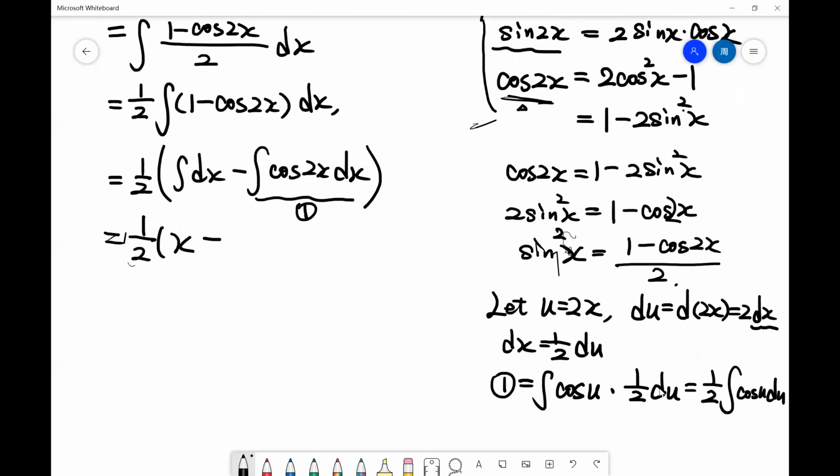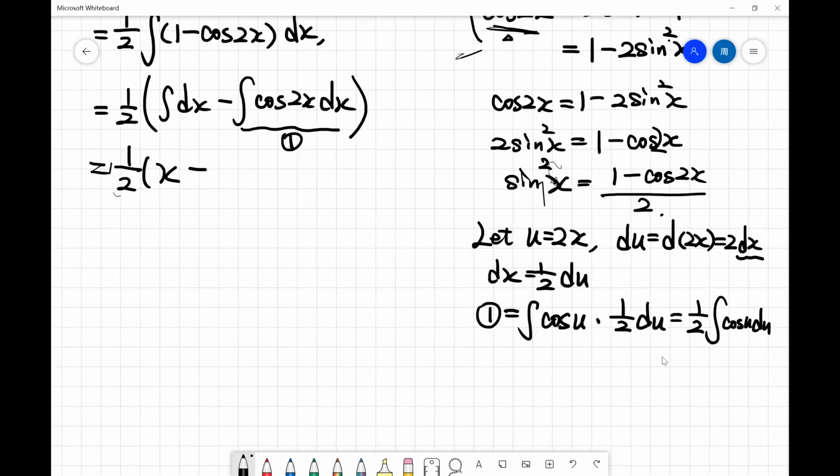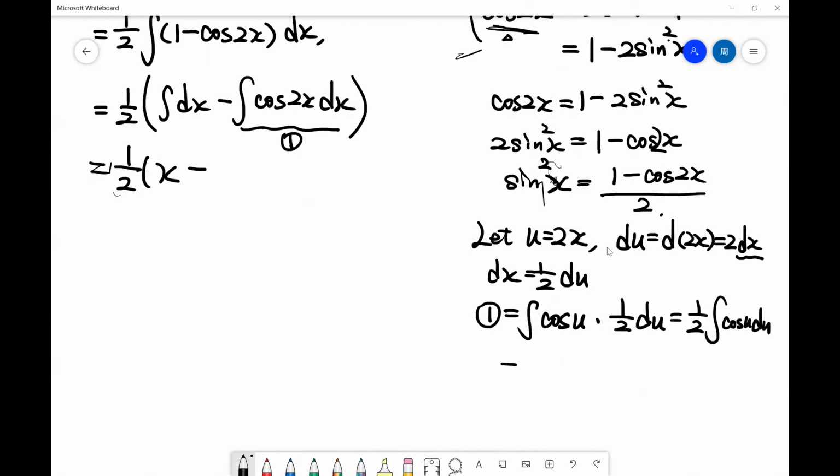Then we can use the formula directly. So that equals 1 by 2 sine u plus c here. Then the last step, we substitute u back. So that is 1 by 2 sine 2x plus c here, right?